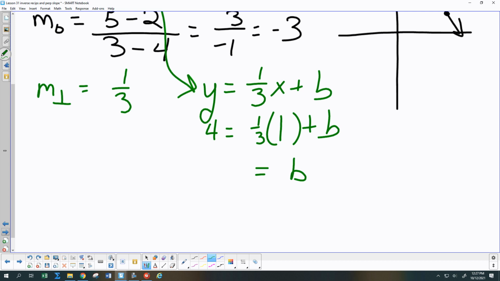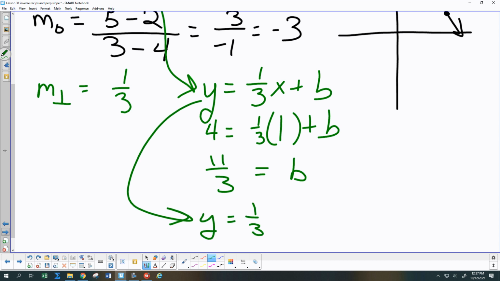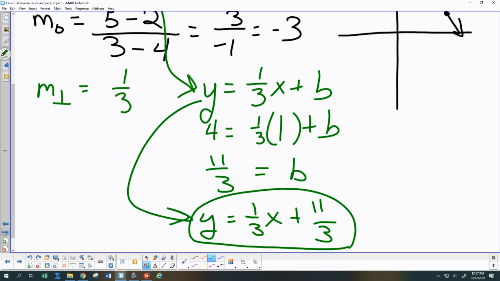Did I get that right? Stumbled my way through it, but 11/3 sounds right. So write our final equation, y equals 1/3 x plus 11/3. Thumbs up, thumbs down. How are you feeling about the perpendicular lines?